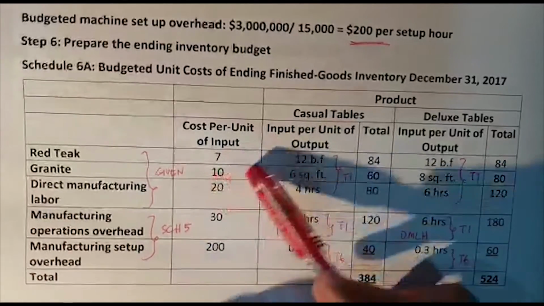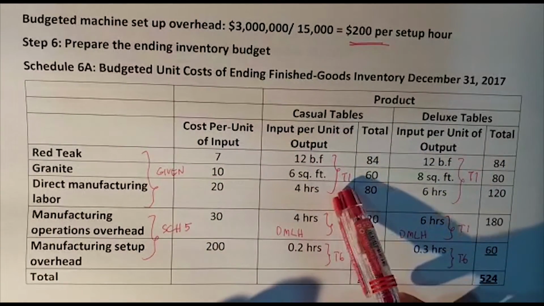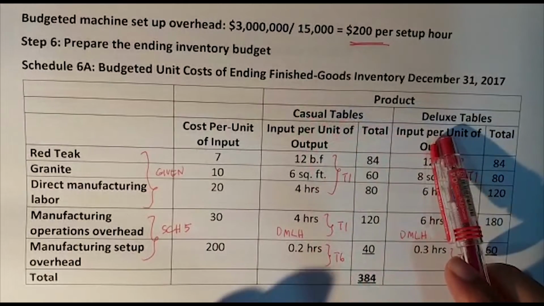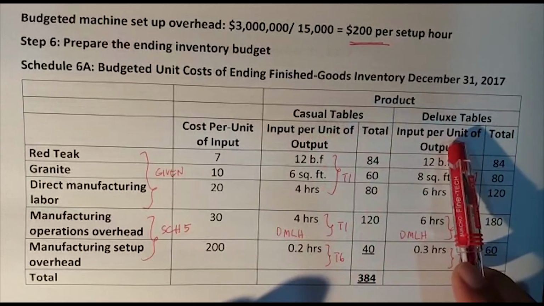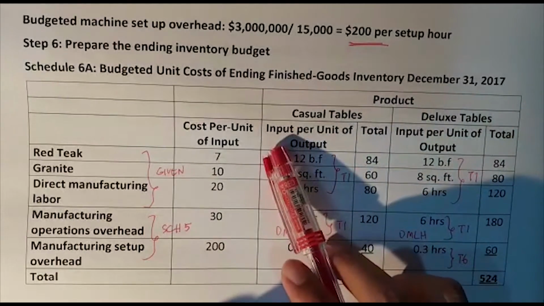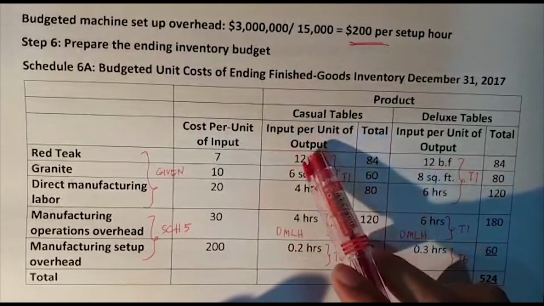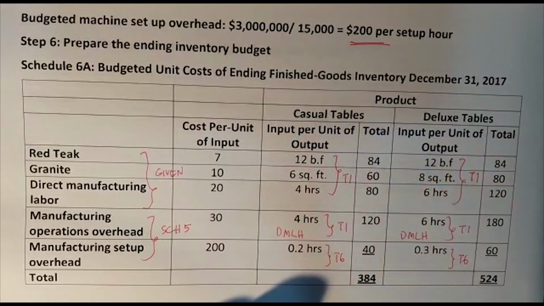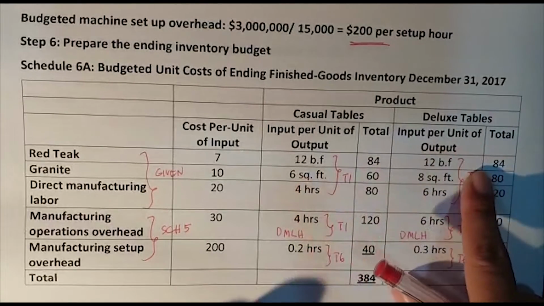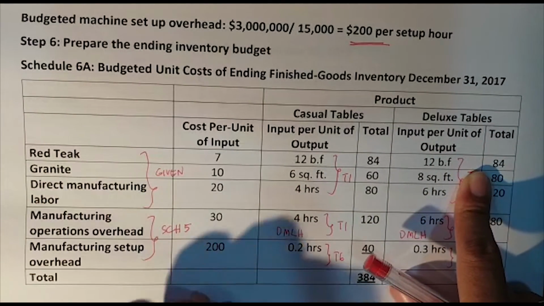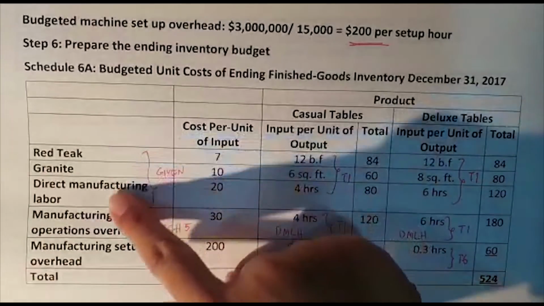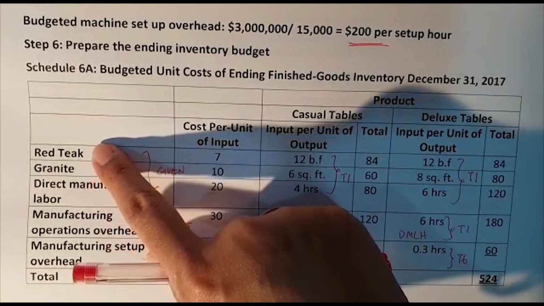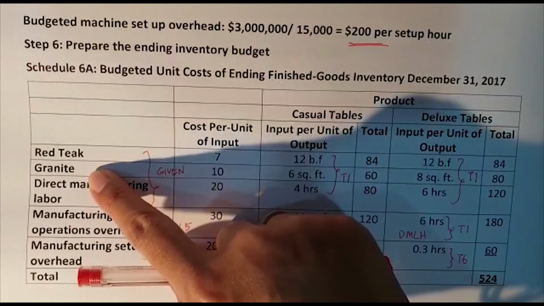Because this company produces 2 products, casual and deluxe, we need tables for both products, as well as the item on the input per unit of output. So what quantity do we need in order to produce the casual table and the deluxe table respectively? For this information, you can see that it is basically related to red teak and granite.